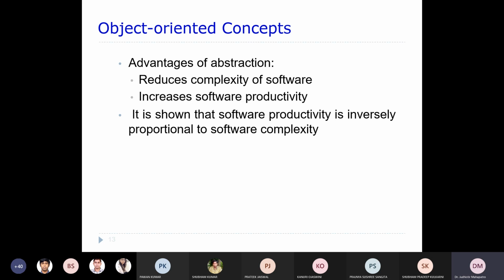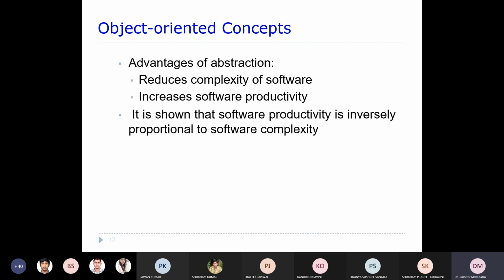Now the advantage of this abstraction is that it reduces the complexity of software and increases software productivity. Ultimately, abstraction is something that tries to reduce the complexity of the software, which enhances the understandability of the software.